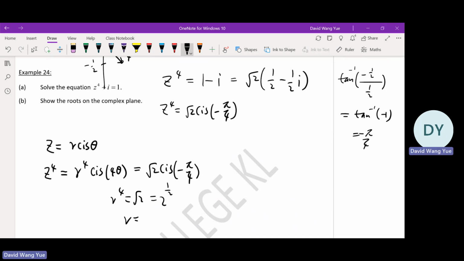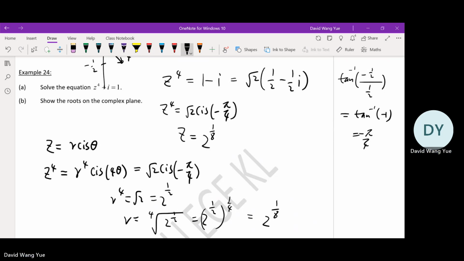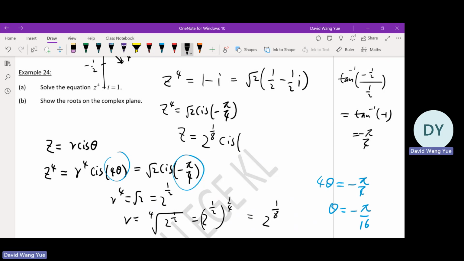Then r will be the fourth root of 2 to the power of half, which is 2 to the power of half to the power of 1 over 4. So 2 to the power of 1 over 8. As for the argument, 4 theta equals minus pi over 4, so theta is minus pi over 16. This is how we work out the first root.